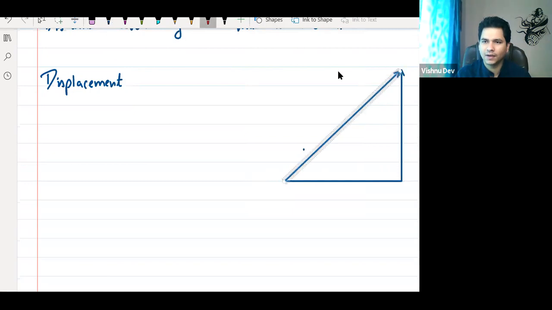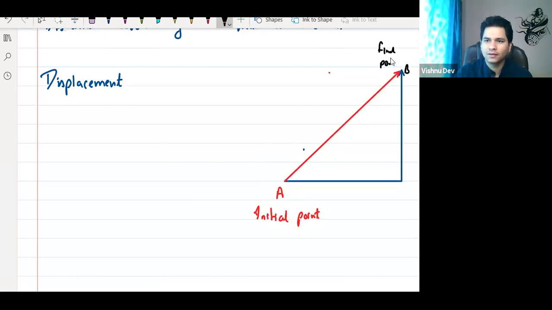Now, my question is this. Everyone focus on this problem. No one should think or ask something else. So this is the initial point A, and suppose this is your final point B. Think about it, everyone.